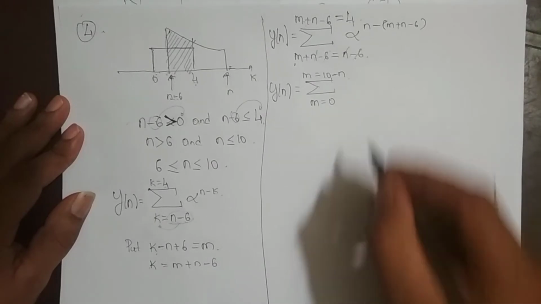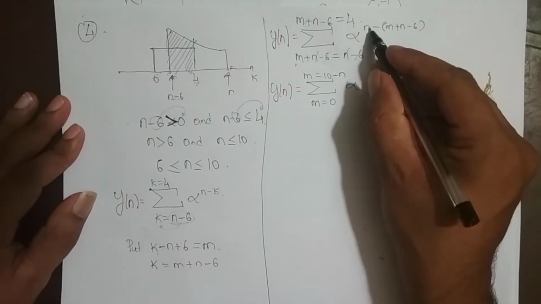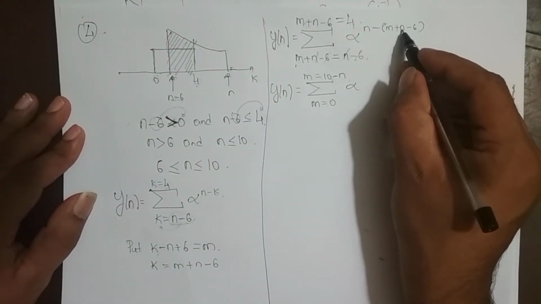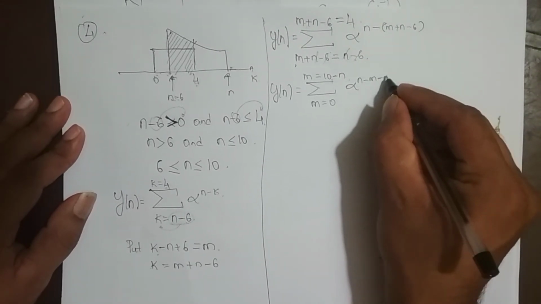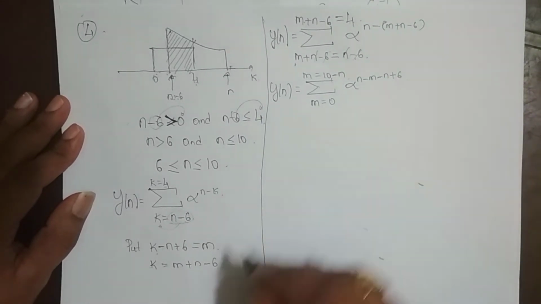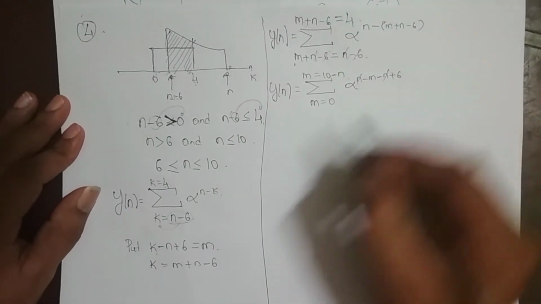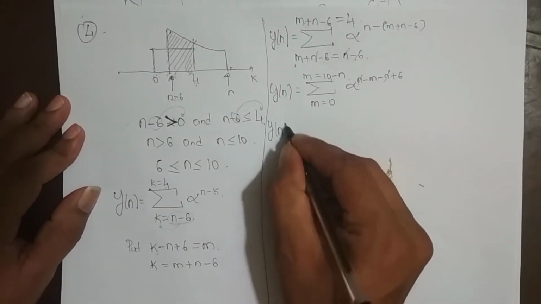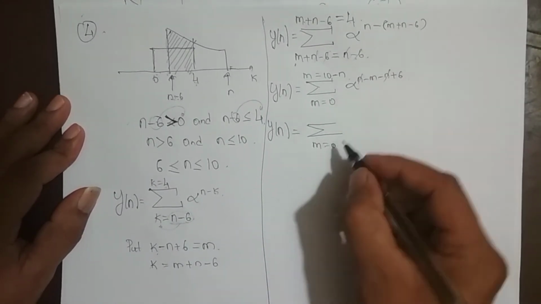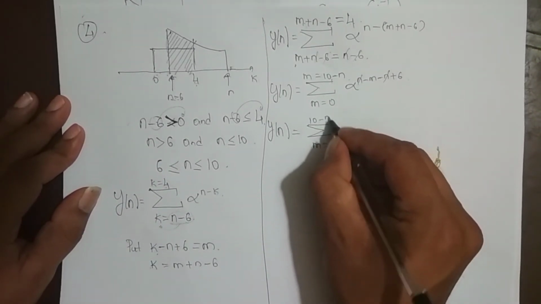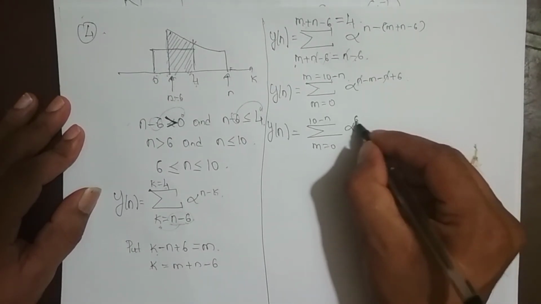So it is nothing but 10 minus n. So alpha power n minus m, plus, yes, it is n minus m minus n plus 6, right? This n cancels out. So what do I get? y of n is equal to summation m varying from 0 to 10 minus n of alpha power 6 minus m.